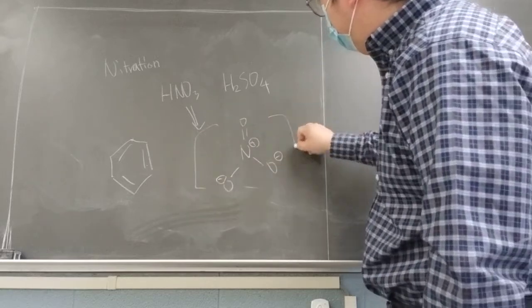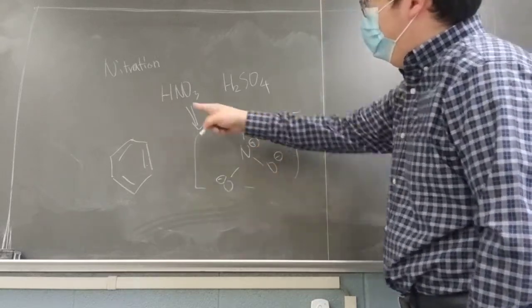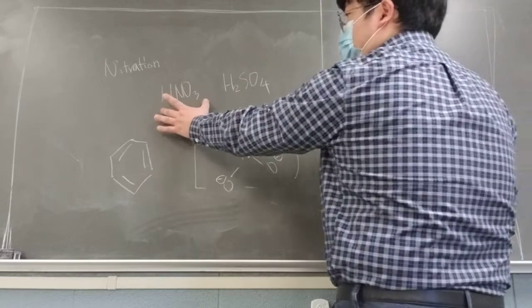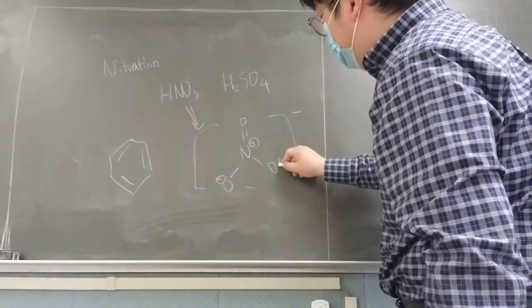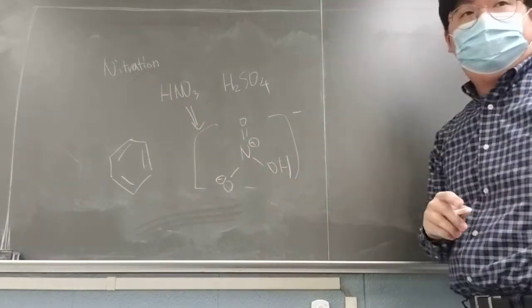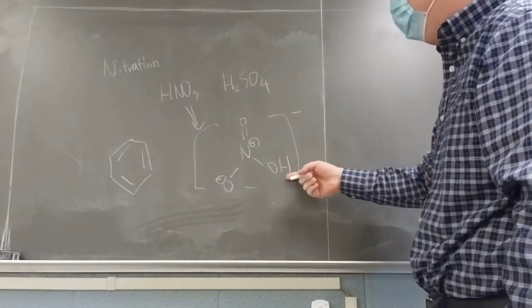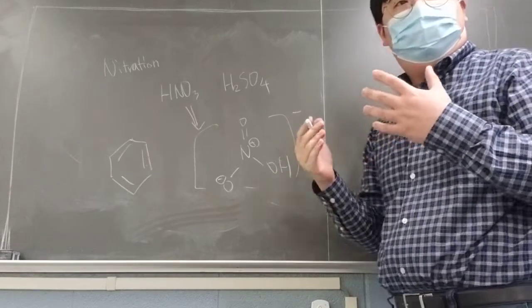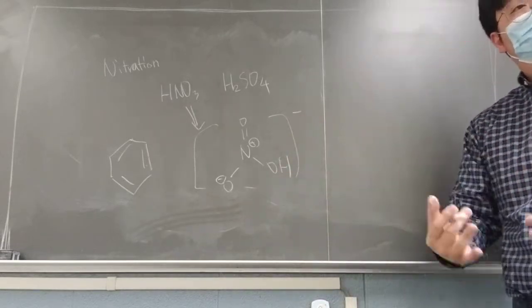In total, a minus-one charge. But because this is the acidic form, this is why it can be a strong acid. You can easily donate the proton over here. That makes the nitric acid quite strong. So you can always be donating this proton.